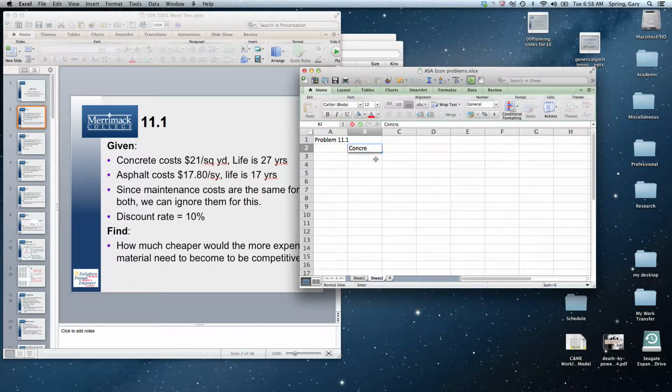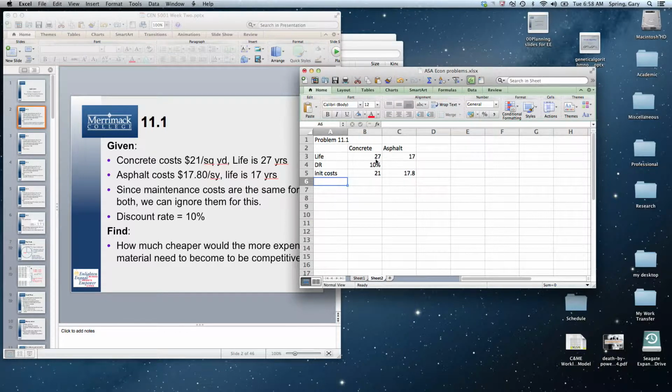So the two alternatives are concrete and asphalt. The lives are 27 years and 17 years. The discount rate is 10%. The initial costs are $21 and $17.80.